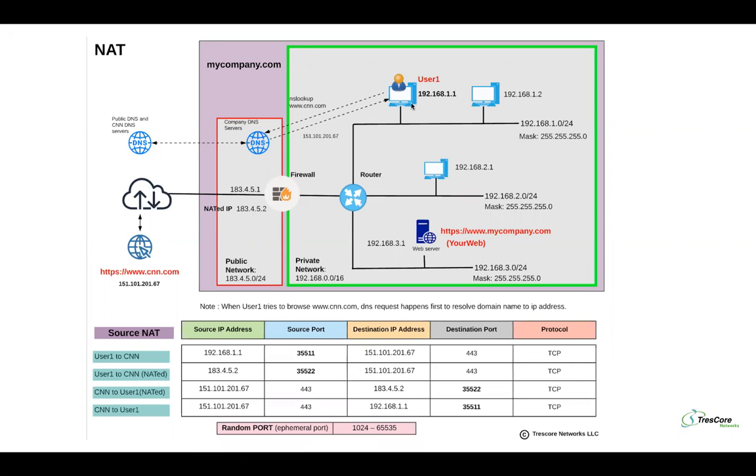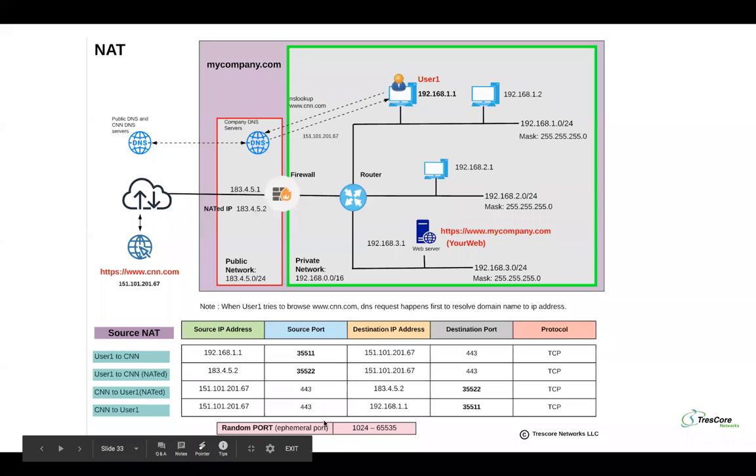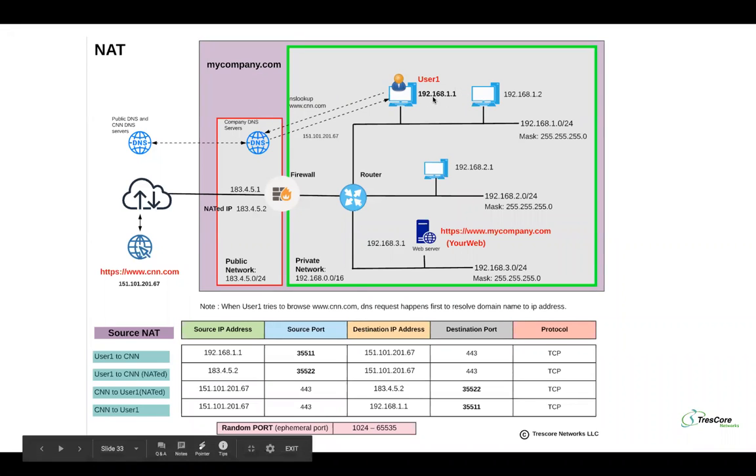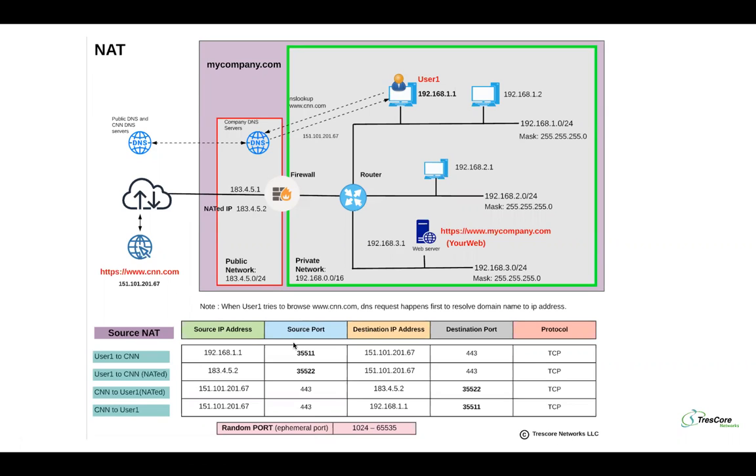When that is done, if they want to talk to abc.com and generate another TCP session, that port may be different. Ephemeral means temporary, and it is random. So you need to understand this concept very well if you want to become a good network engineer.